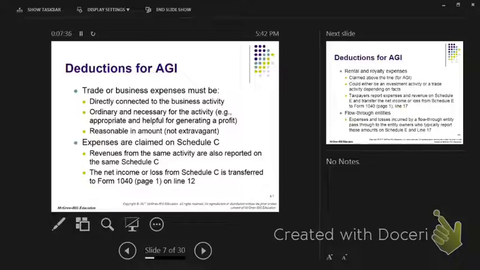Each business is going to have their own income and their own expenses. So if you have 2 businesses from home, you do craft fairs and you do daycare, then you're going to have 2 Schedule Cs. So that's what we're looking at when it's flowing through on the Schedule C. Expenses are claimed, revenues are also reported, and it's going to flow through to line 12.